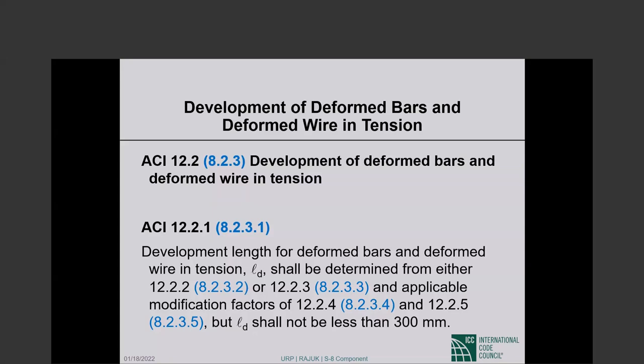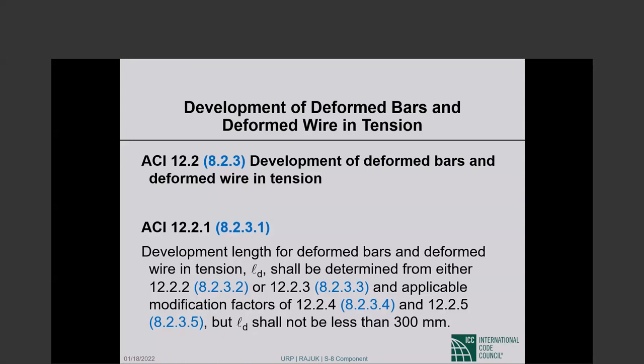That bond is low, very easily overcome. That is why already in the 50s and 60s, we switched to deformed bars, where the ribs greatly improve the bond between the reinforcement and the concrete. Today, basically all reinforcing bars are deformed.